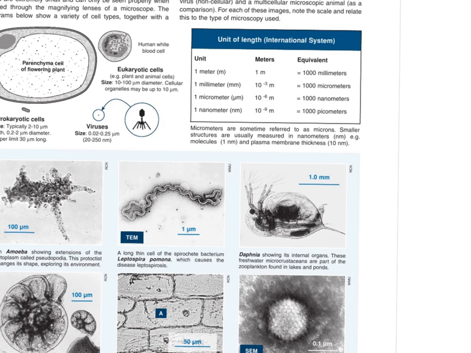Everybody have their calculator here? Pull out your scientific calculator. If you don't have one, you should have it. It's part of your supply list. Open it up. There are different calculators, and they work in different ways.